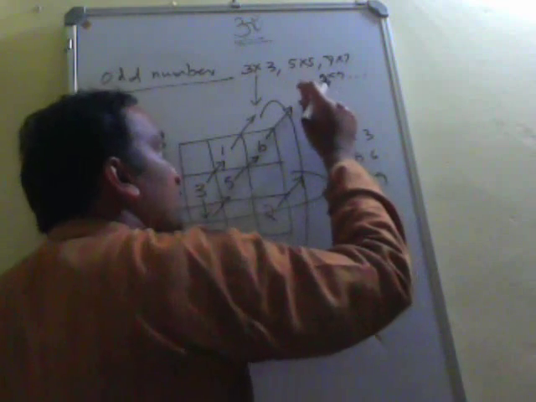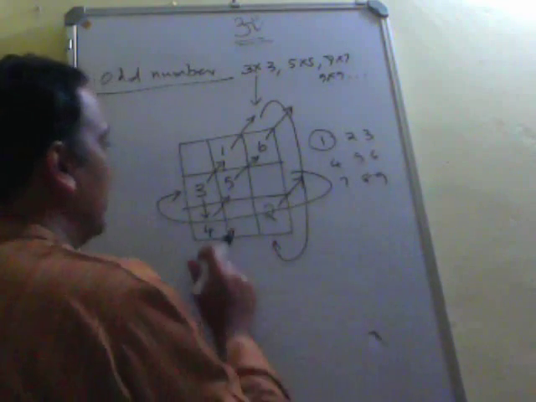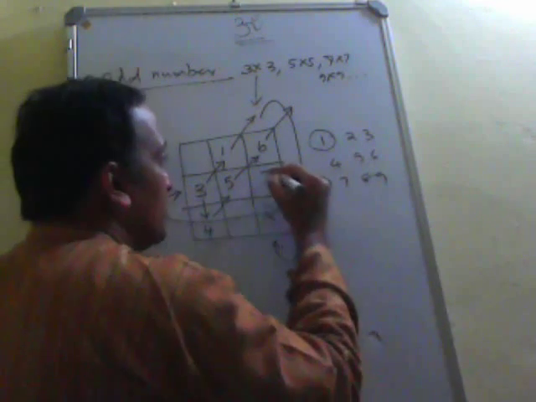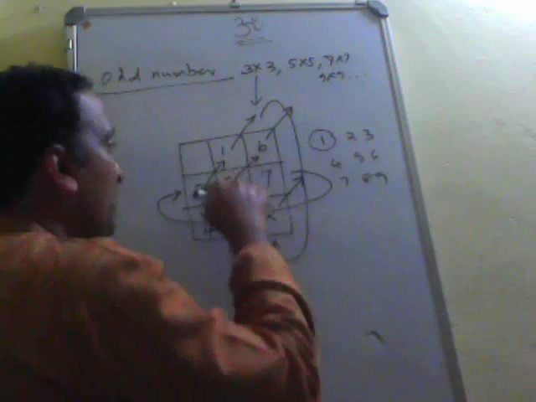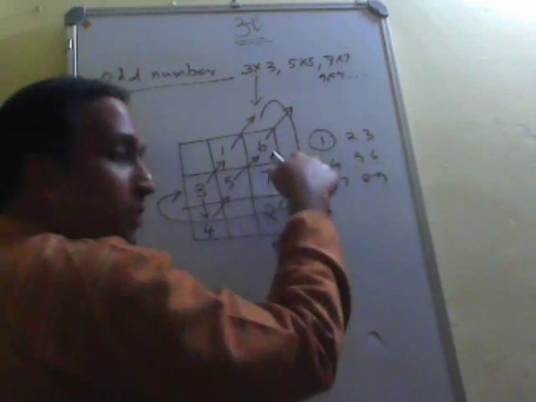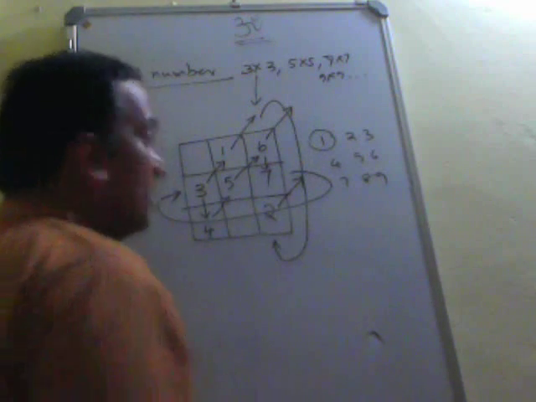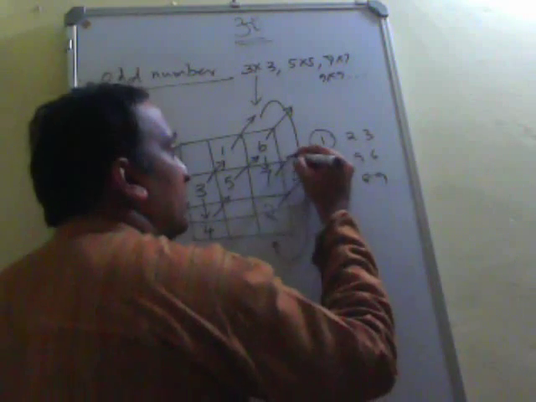Diagonal up. Now here there is no space. What do you do? Because it is occupied, the moment you find it occupied, you have to put it below. So since it is occupied, you come here. Then 7, next this one.